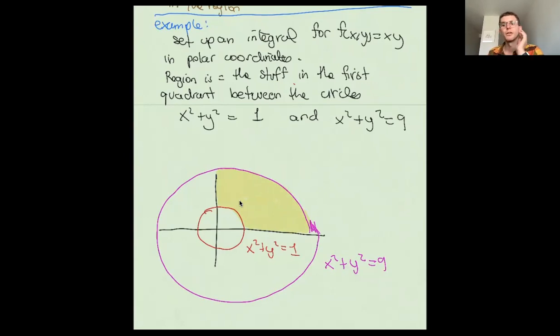Now, in fact, if you think about it, this would be a mess if you try to use Cartesian coordinates. I will erase it in a second, but if you were to do vertical arrows, you would get something like this.